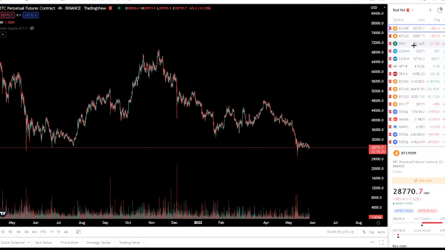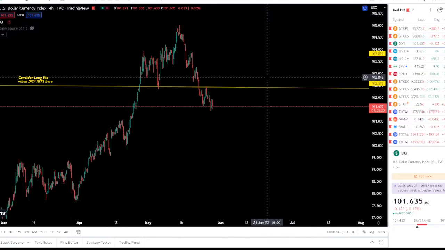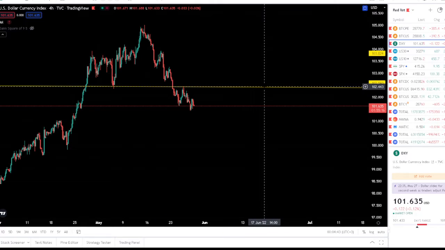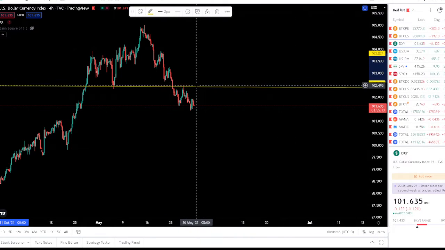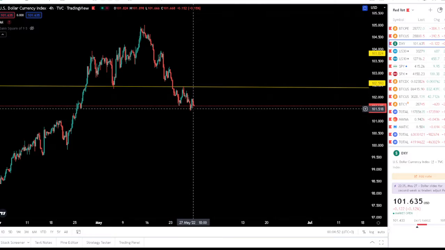What else? The DXY. The DXY has broken down from this level, the 102.432 range, and at the moment retested and is going back down.